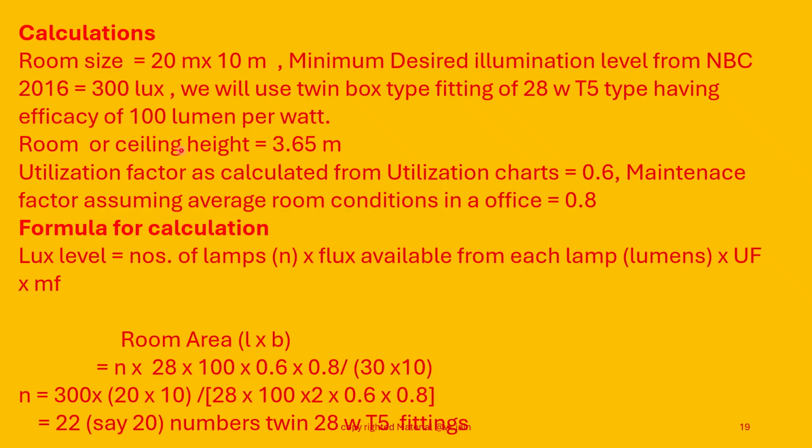Room to ceiling height we have assumed as 3.65. Utilization factor as calculated from utilization chart is equal to 0.6. Maintenance factor assuming average room condition in an office equal to 0.8.